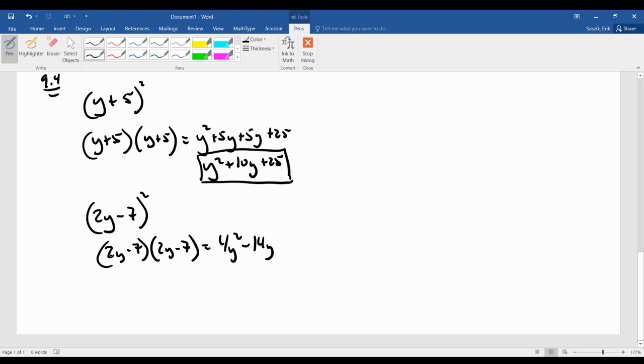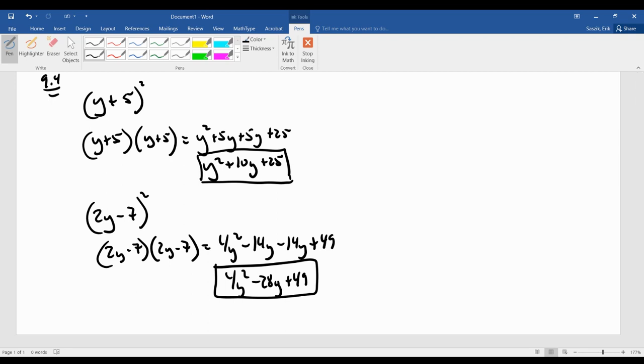That's this times this and this times that. Scooch over to the -7. You get -14y again. And then remember, you get plus 49. Combine like terms. There you go.